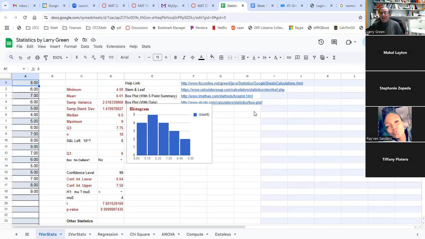In the spreadsheet calculator, I actually coded it to have some charts to show. So this is an example of some data. I think it was the data I put in last time. And you'll notice there's a histogram. So a histogram is a special kind of box plot.